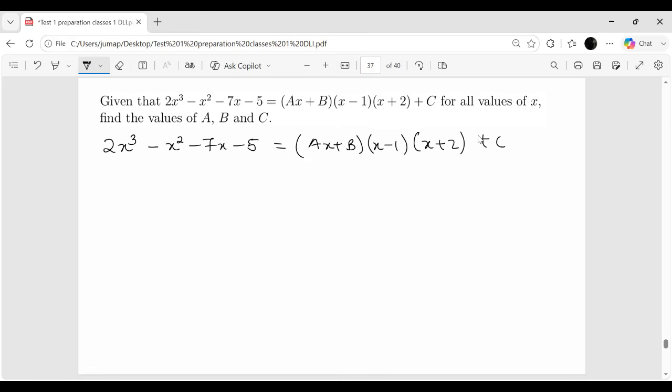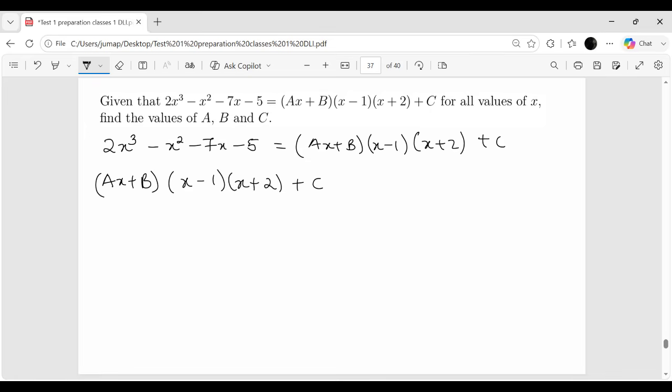Okay, so my goal here is to expand this. So I'm going to have ax plus b multiplying with x minus 1, x plus 2 plus c.